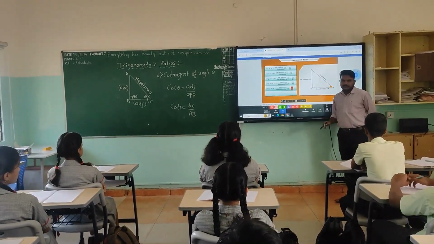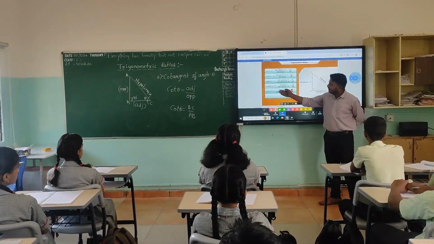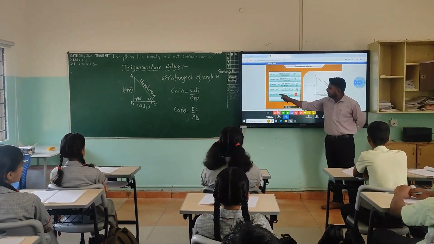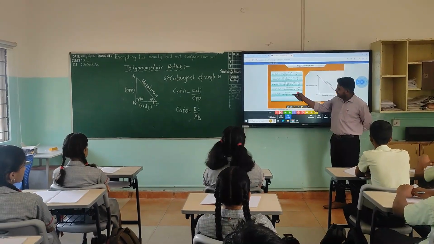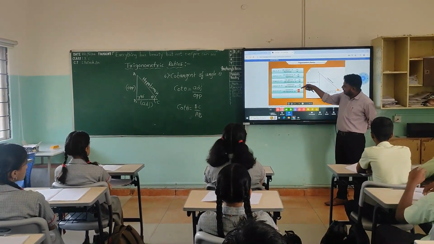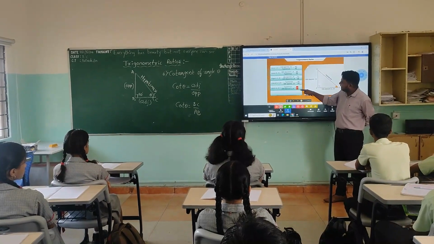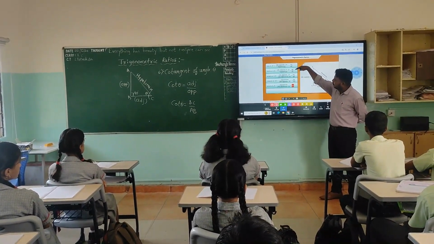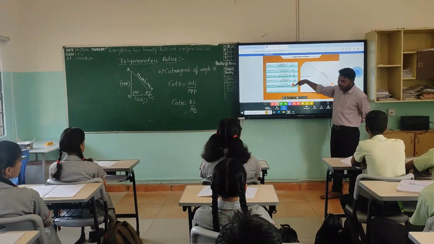The fifth ratio, secant, is the reciprocal of cos. Cos is QR by PR; secant is PR by QR.